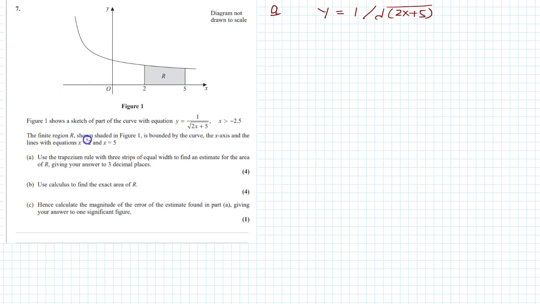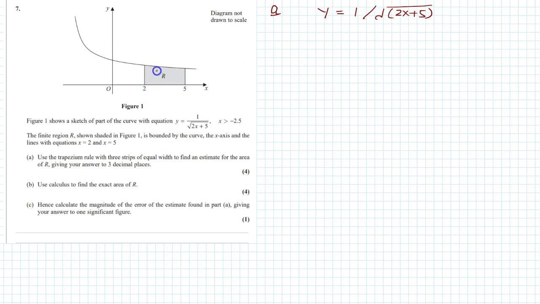The finite region is bounded by this line, curve, and x-axis. Use the trapezium rule with 3 strips of equal width to find an estimate for the area of R. Give your answer to 3 decimal places.